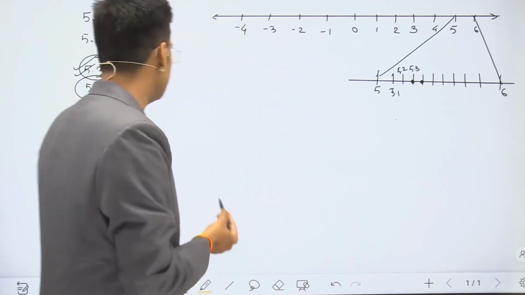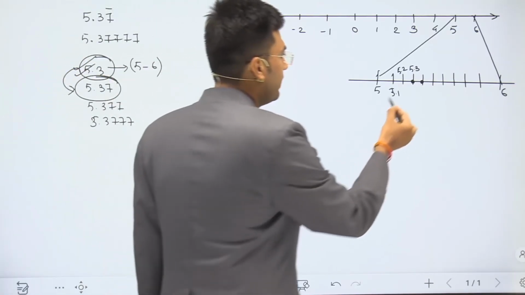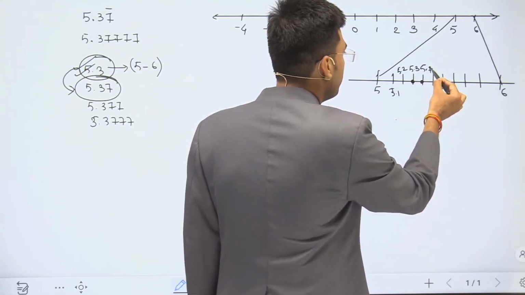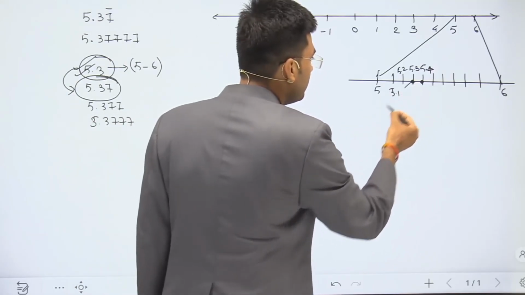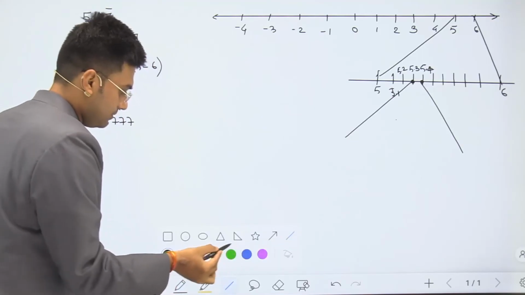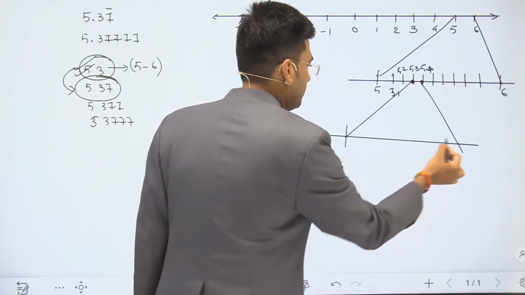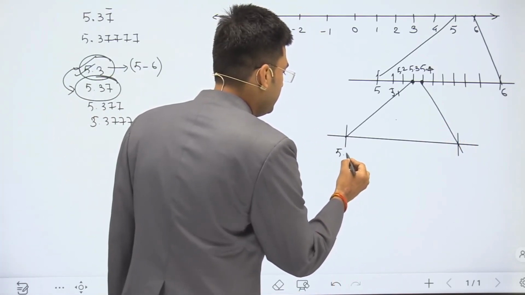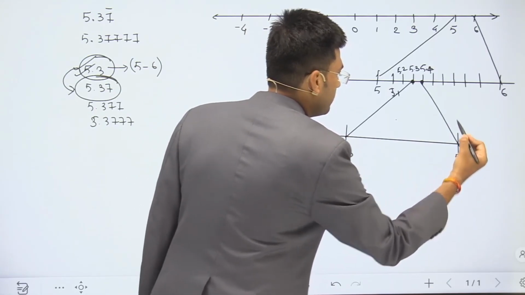So let's divide 5.3 and 5.4 into 10 equal parts. This is 5.3 and this is 5.4.